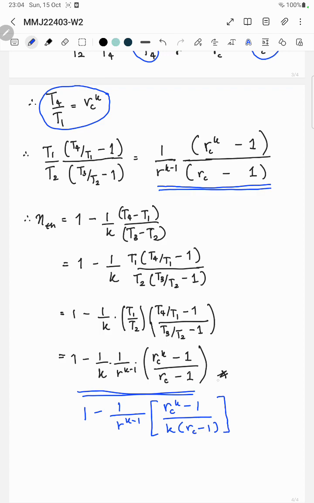Now these two are the same equation, okay? It's just that I prefer to write everything in a separate form for clarity.